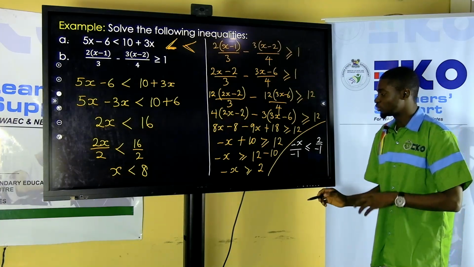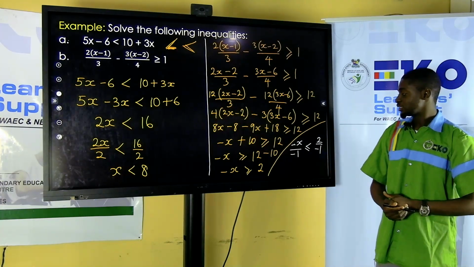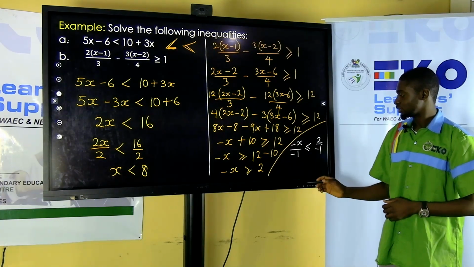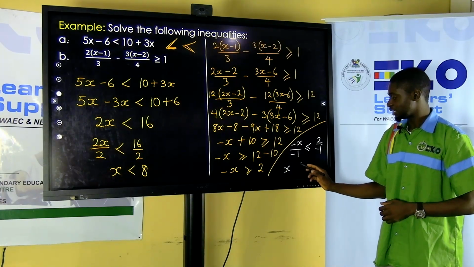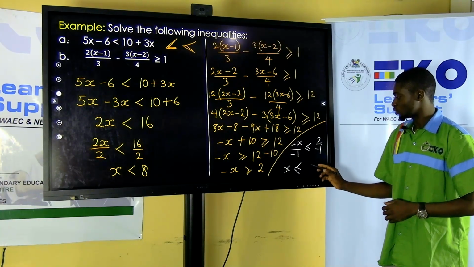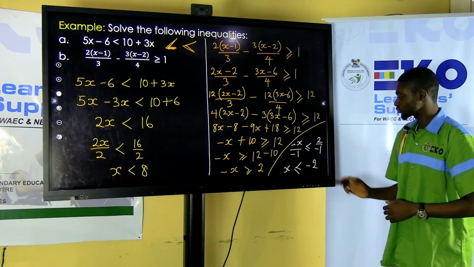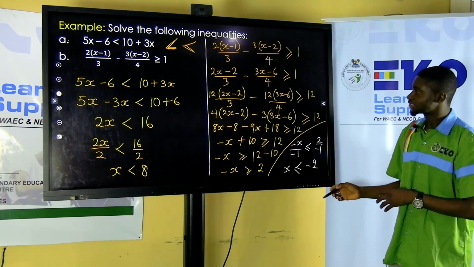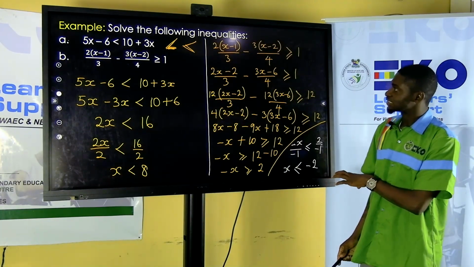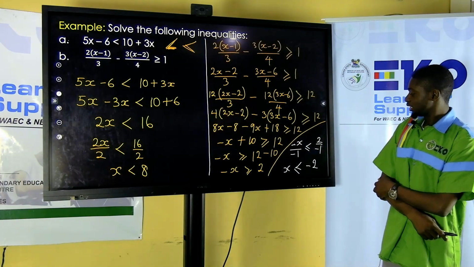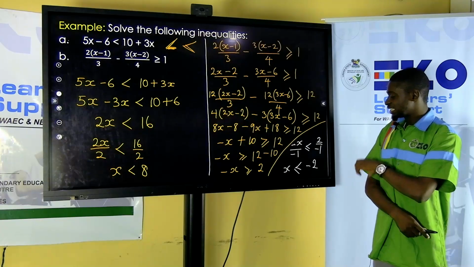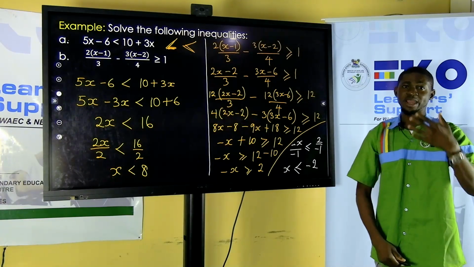The sign is changing because we are dividing both sides by negative 1. So x is less than or equals to minus 2.